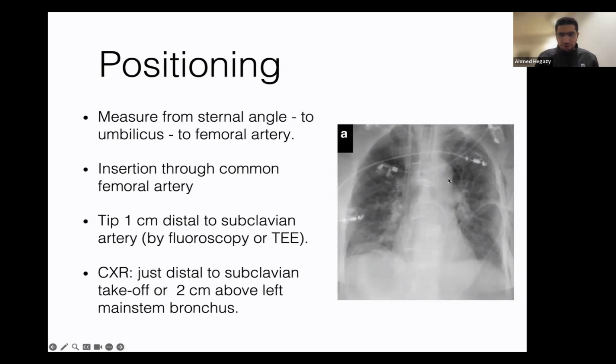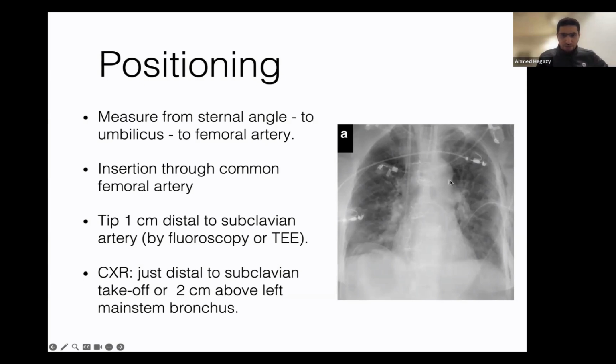You want the tip to be right below, or 1 centimeter below, the takeoff of the left subclavian artery, in the descending aorta. That radiopaque tip tells me I'm in the right spot. As I said, 2 centimeters above the left mainstem bronchus, or at the level of the carina.